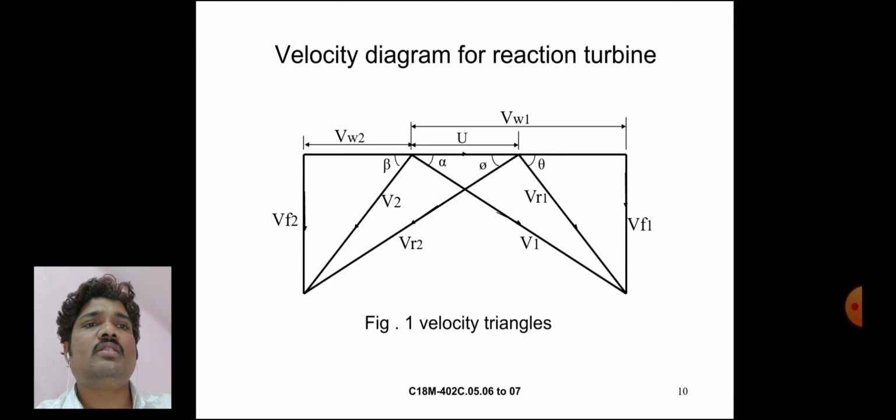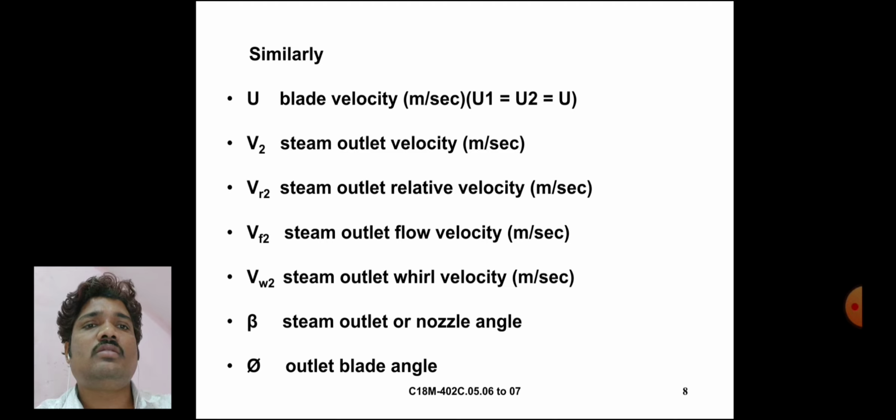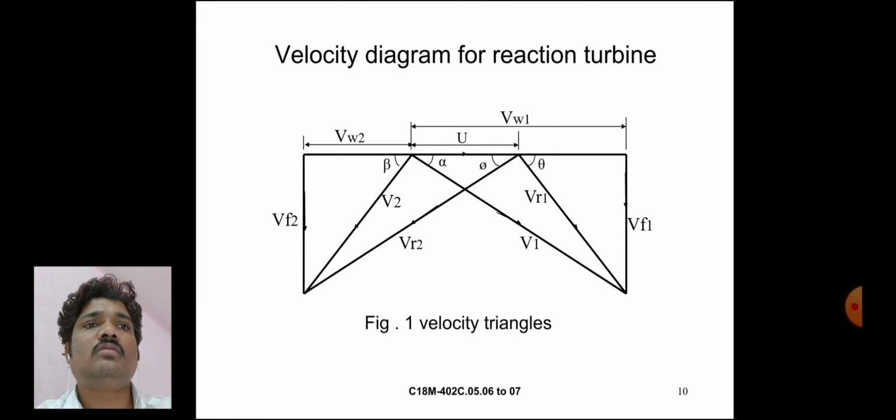In this figure, phi is the outlet blade angle and theta is the inlet blade angle. Alpha is the steam inlet or nozzle angle, and beta is the steam outlet or nozzle angle.